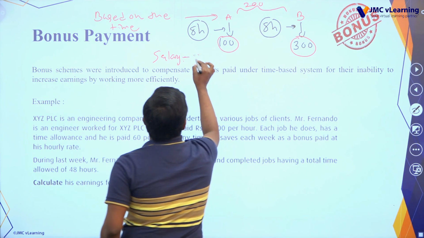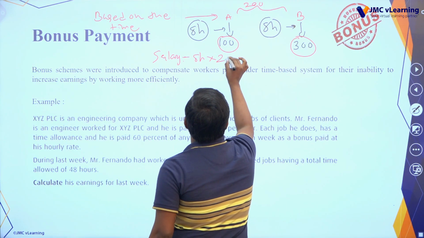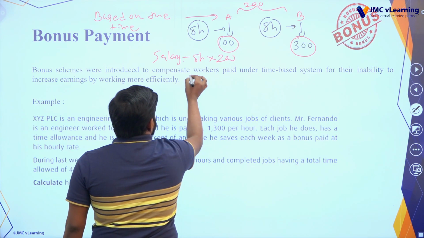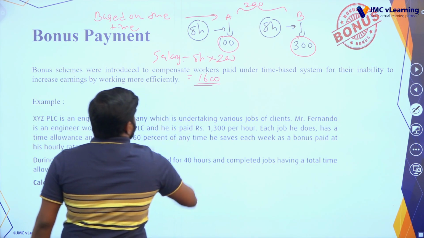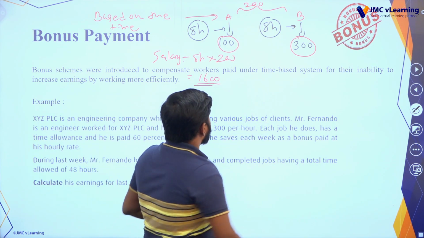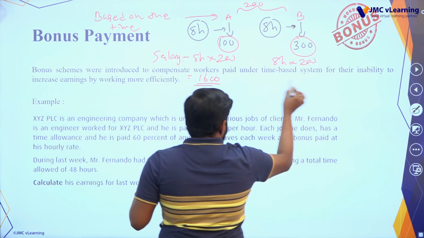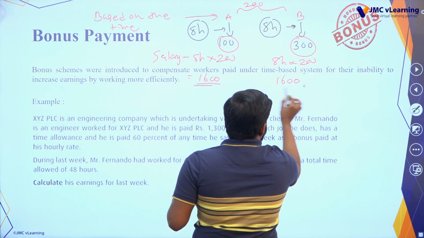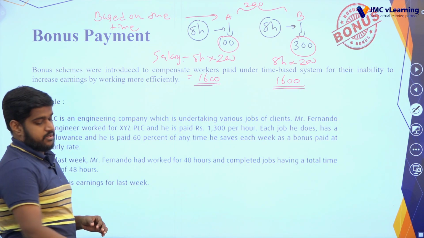Since they get their salary on a time basis, simply we can get their salary. For A, he worked 8 hours, so 8 hours multiplied by 200, we can calculate his salary as 1600. When we come to B, he also worked 8 hours and also gets 200 per hour, so his daily salary is also 1600.